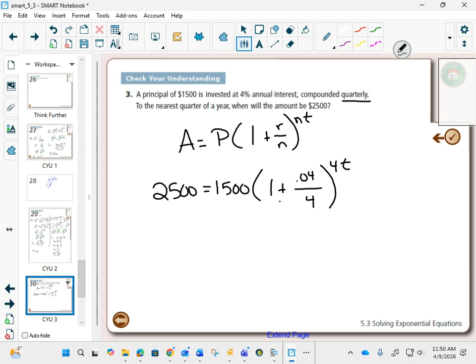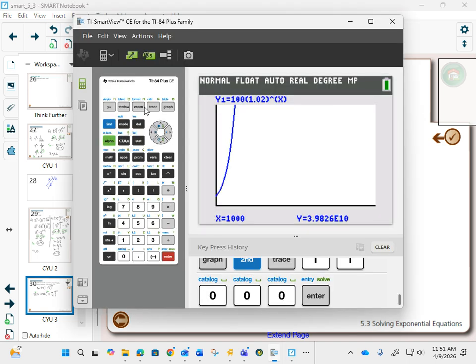But as of right now, the only way you could solve this is with Desmos or a graphing calculator, in which case you would type this into y1 and this into y2 and hope you can find out where they cross each other. You could also type y equals 2500 and y equals this into Desmos and find out where the two graphs intersect. I'll show you that on your calculator because it is an important skill for AP Calculus.